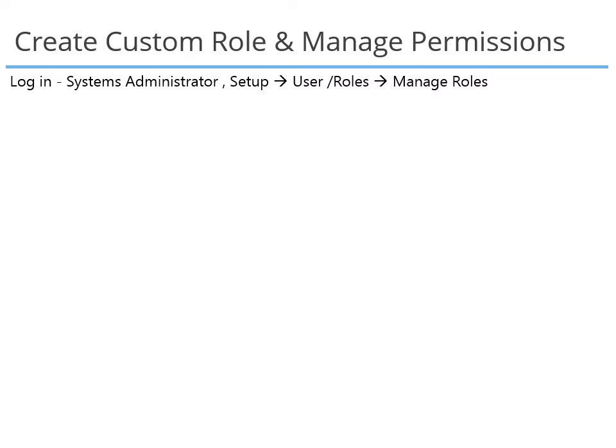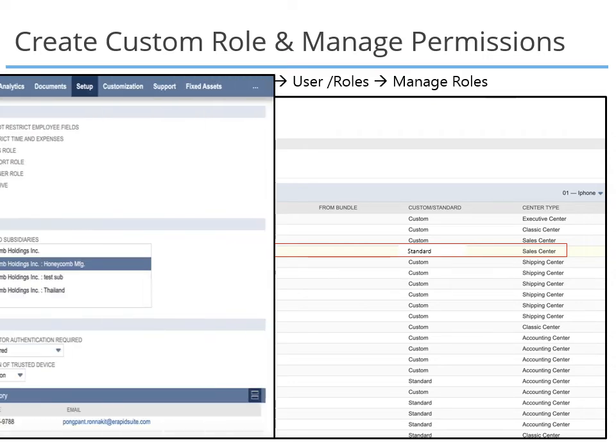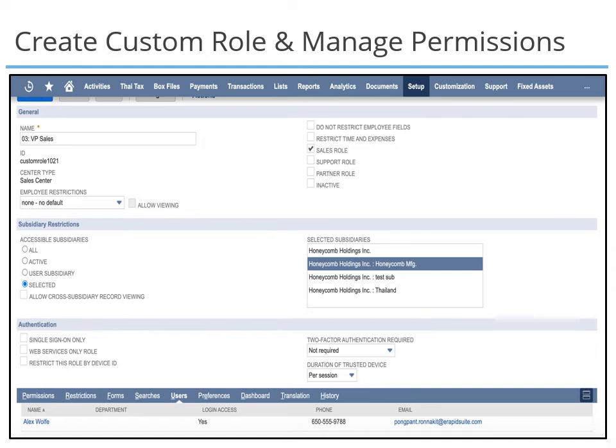Click on Manage Role. Select the role you want to use as a template for the custom role. Click on the Customize button. In the Name field in the General tab, enter the name of the custom role. Click on the Save button to save the new custom role definition.